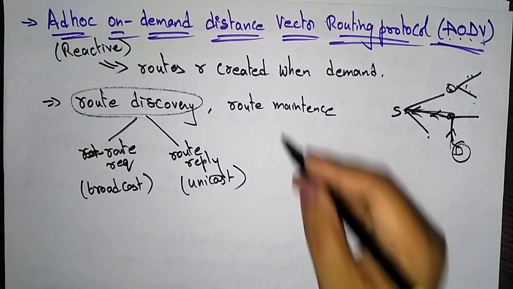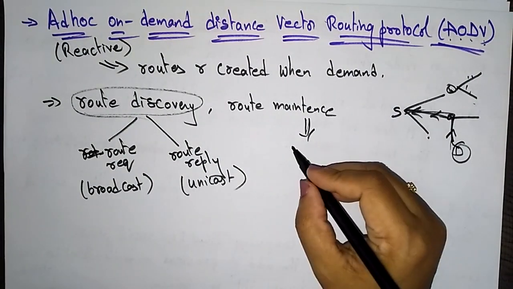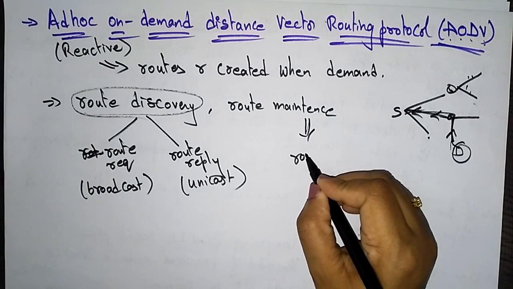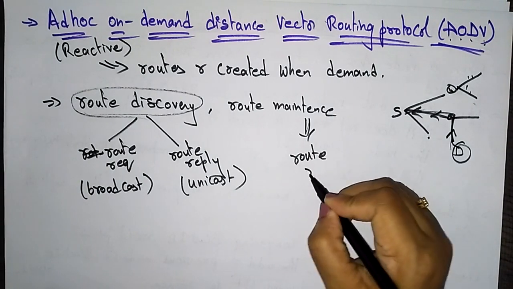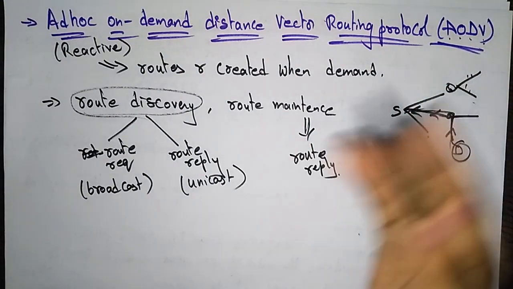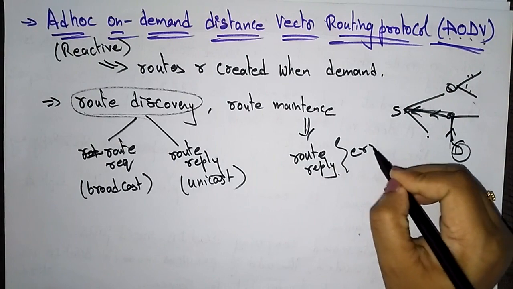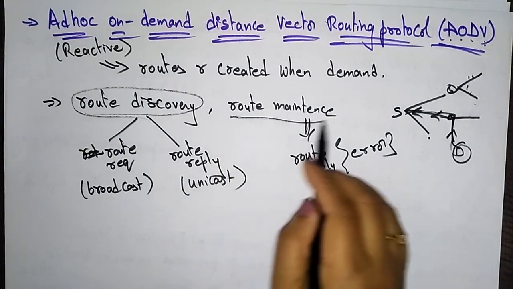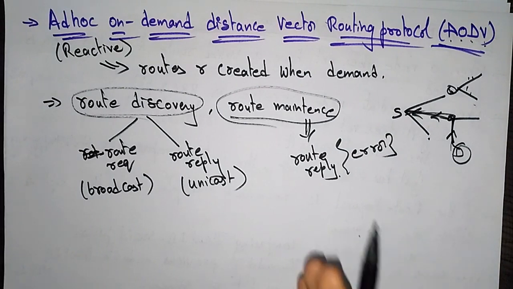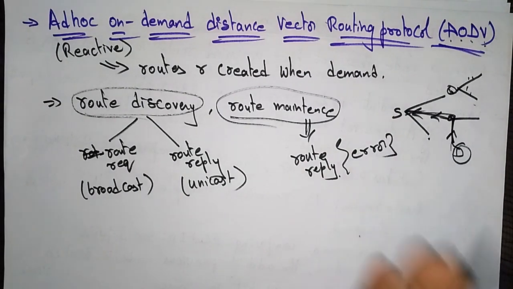Route maintenance: if any error occurs, it will be handled by route maintenance. When a node wishes to send a packet to some destination, first it has to check the routing table.